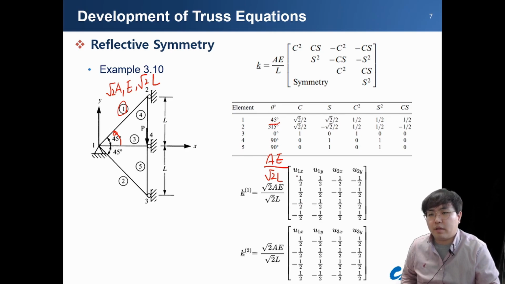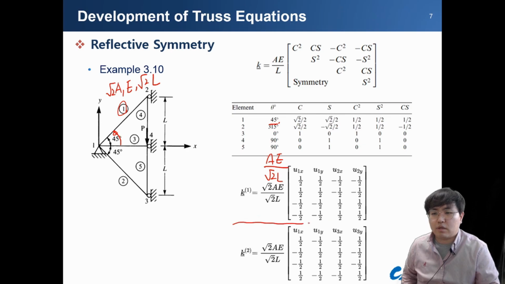Here cosine square is 1/2, and the multiplication of cosine and sine theta is also positive, 0.5, and this part is minus 0.5, and this is also minus 0.5.